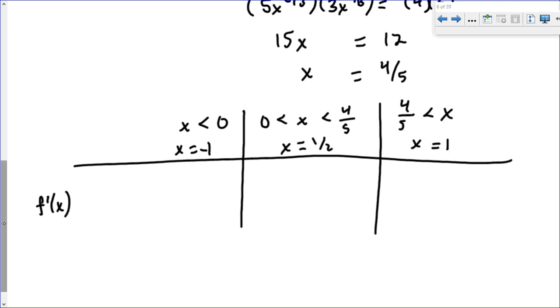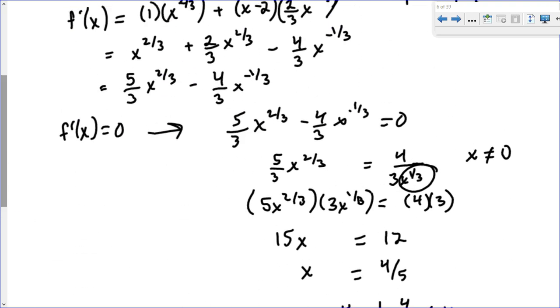So the sign of my first derivative when x is -1. If I put -1 in here, the third root of -1 is -1, but squared is positive, so it'll be 5/3.